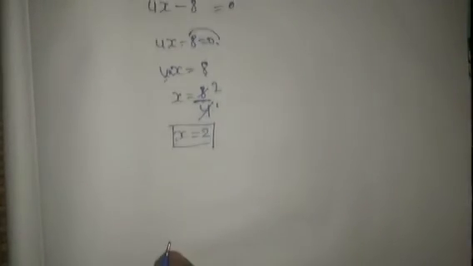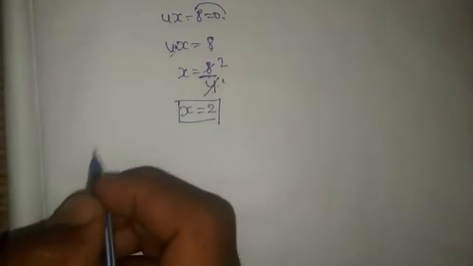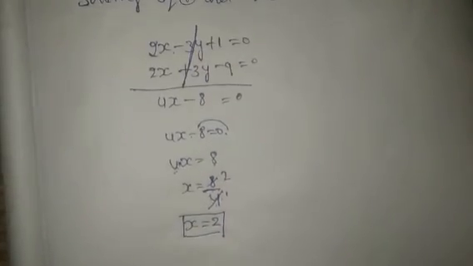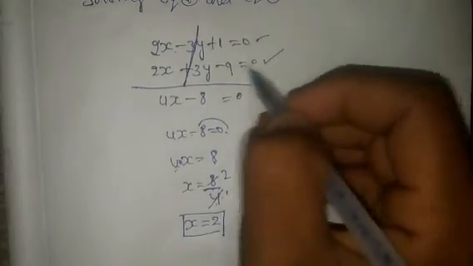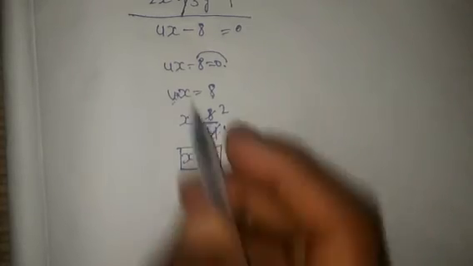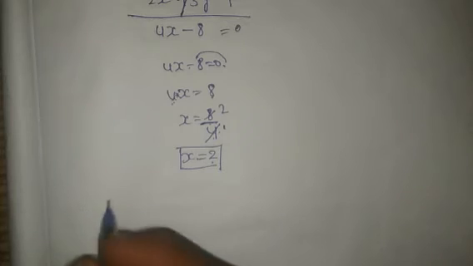So now we substitute this x value in any one equation, that is equation 1 or equation 2. In this x place we put 2. So now we substitute the x value in equation 1.